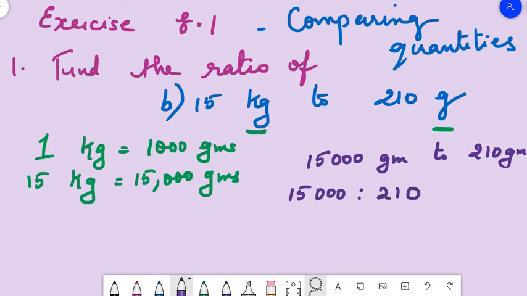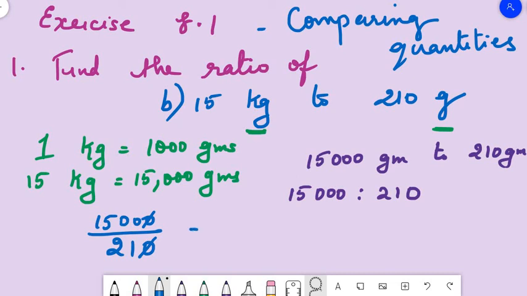Now to express this in the reduced form, let us divide 15,000 by 210. By cancelling the zeros, that is by dividing by 10 in both the numerator and the denominator, we have 1500 by 21.